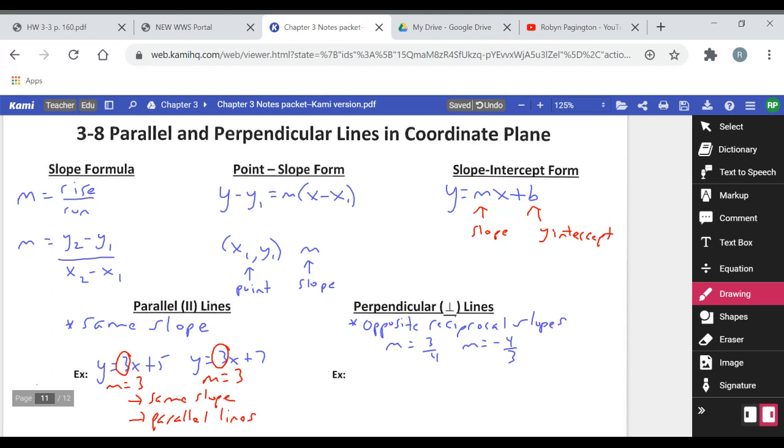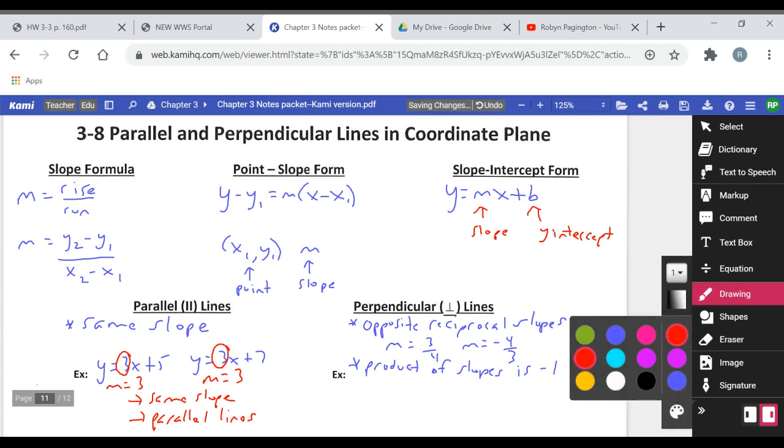So I would know that those two lines are perpendicular to each other, which means when they intersect, they form right angles. Another way to think of perpendicular lines is that the product of the slopes is -1.